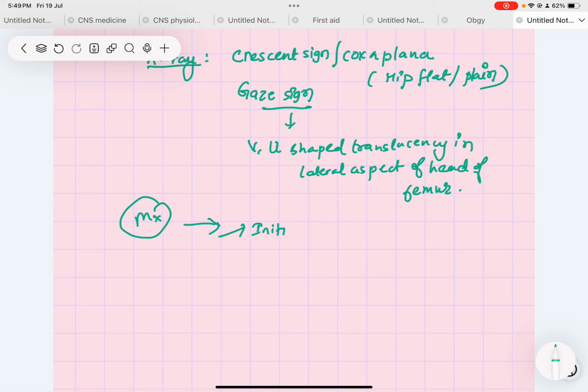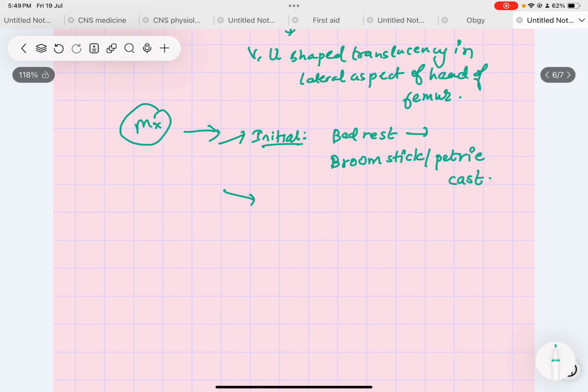So in initial stage it will be conservative, so non-weight bearing or bed rest, and you can give the broomstick cast, also known as Patrick cast. In later stage we have to do total hip replacement.